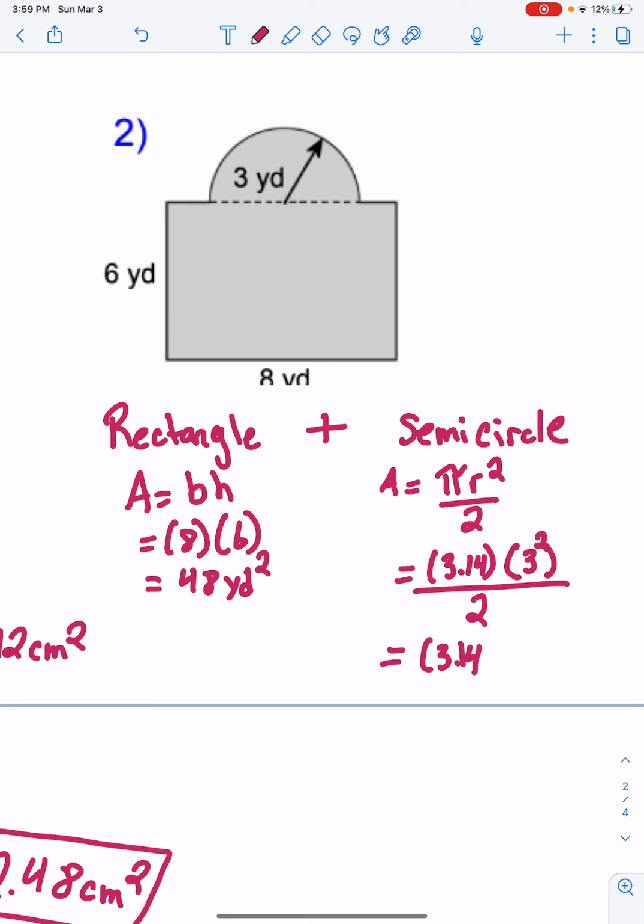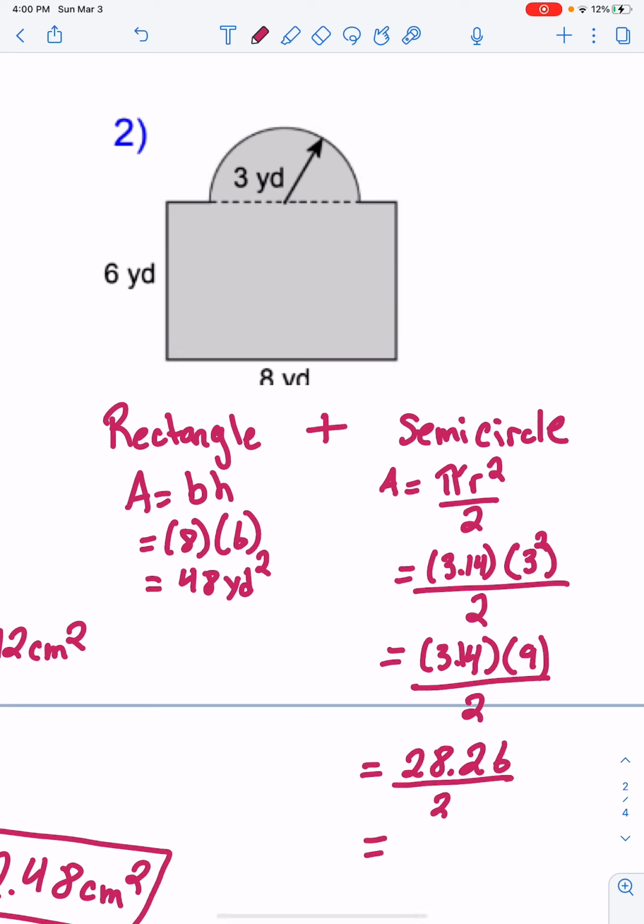So rewriting this, I've got 3.14 times 9 divided by 2. 3.14 times 9 is 28.26 divided by 2. And the final step, 28.26 divided by 2 is 14.13 yards squared.